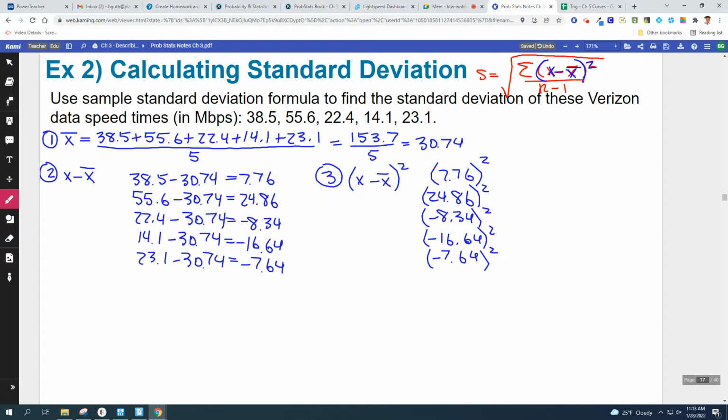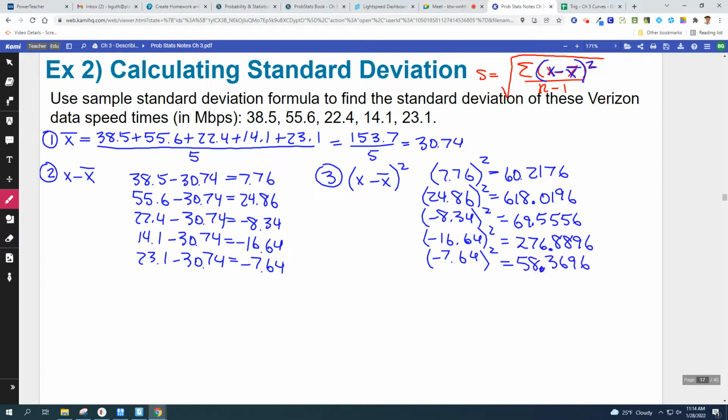Once I square those numbers, I get 60.2176, 618.0196, 69.5556, 276.8896, and 58.3696.